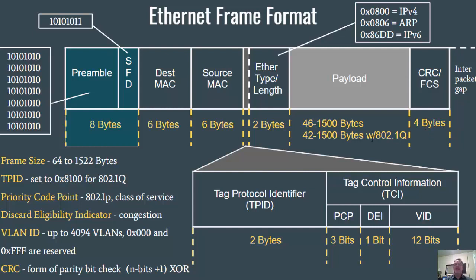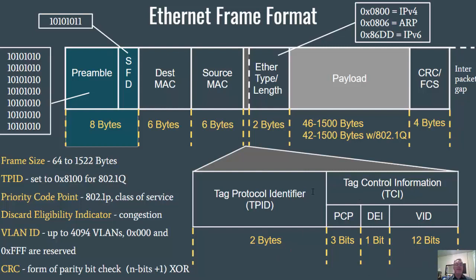That's 18 bytes. 18 plus 46 is 64. 1500 plus 18 is 1518. The extra 4 bytes to reach 1522 is the 4 bytes that gets added with the TPID field of 2 bytes and the tag control information field of another 2 bytes.